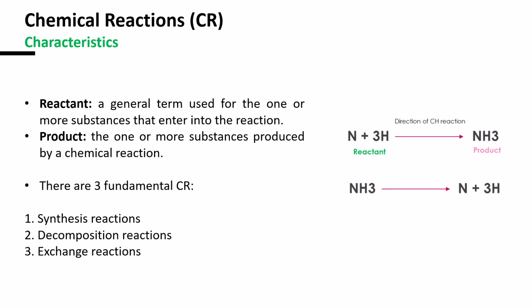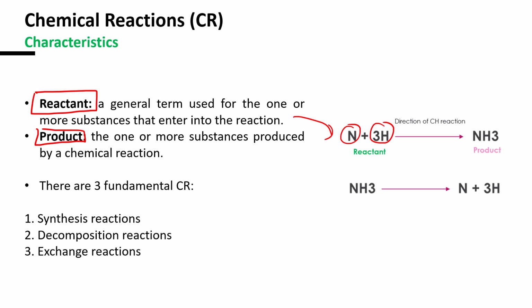Other characteristics of chemical reactions: when you have compounds or atoms interacting with each other, you have what we call a reactant and a product. Reactants are basically what you have first, and then a product is what comes from the interaction of the reactants, as you can see here in this picture. We have first nitrogen, and we also have hydrogen.